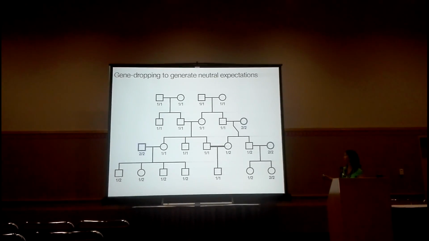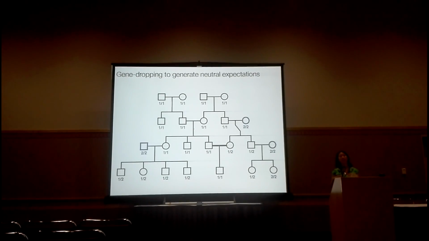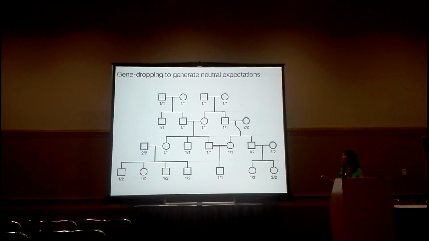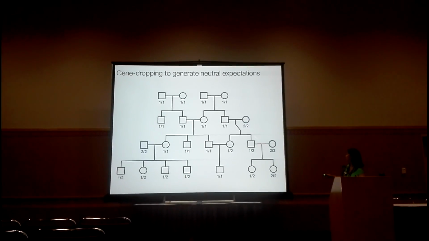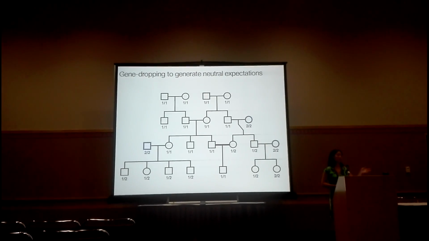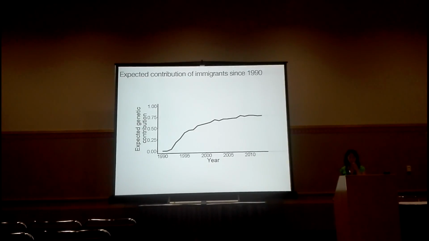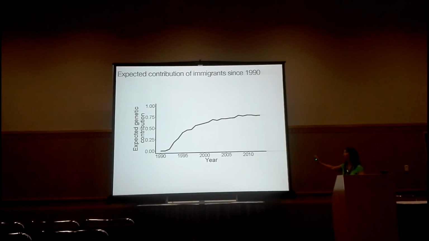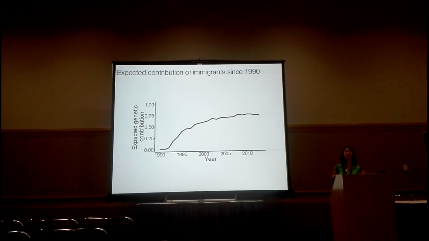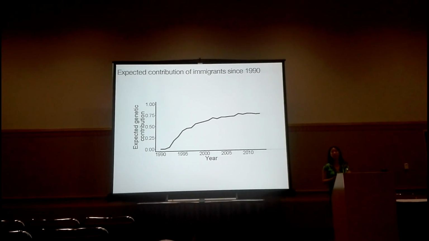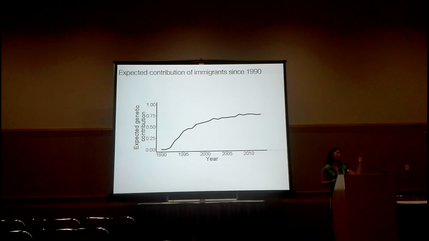And so in this particular case, if we're interested in estimating the genetic contribution of immigrants, what we want to look at is the frequency of this immigrant allele from year to year. So this is what I'm showing you here. This is the expected genetic contribution of recent immigrants into our population. So remember that we started our simulations in 1990.